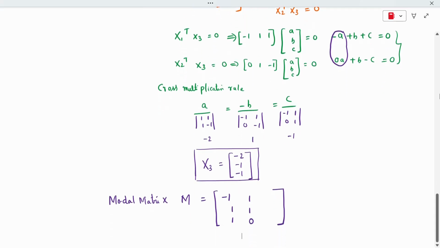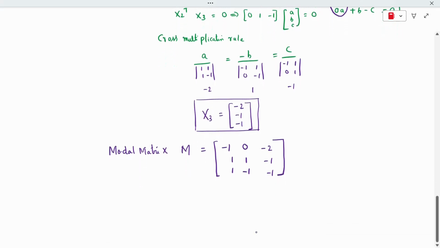My second vector is 0, 1, minus 1. My third vector is minus 2, minus 1, minus 1. This is our third vector. I am not changing anything. The same order I am writing column wise. That is called a modal matrix.